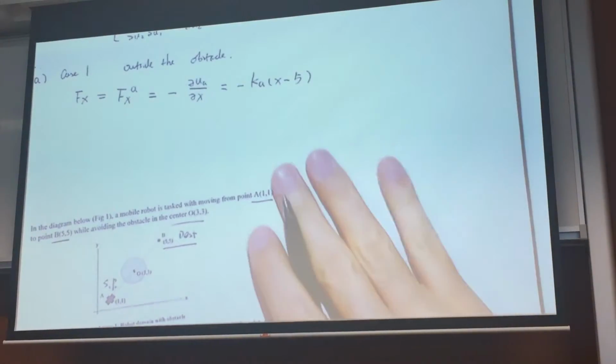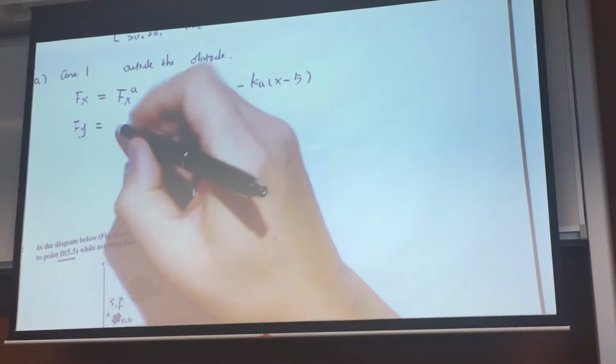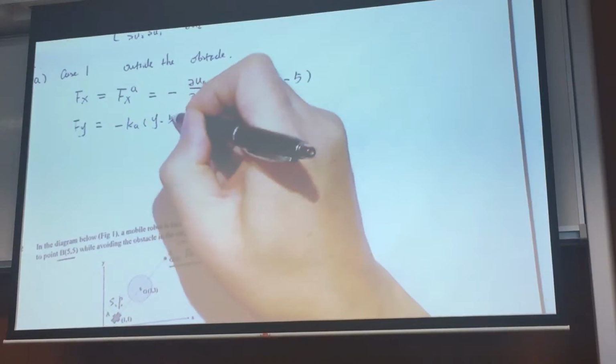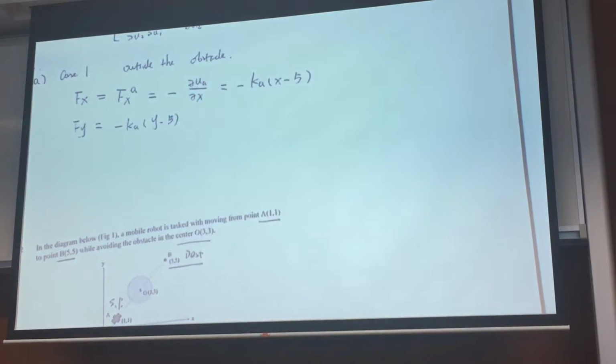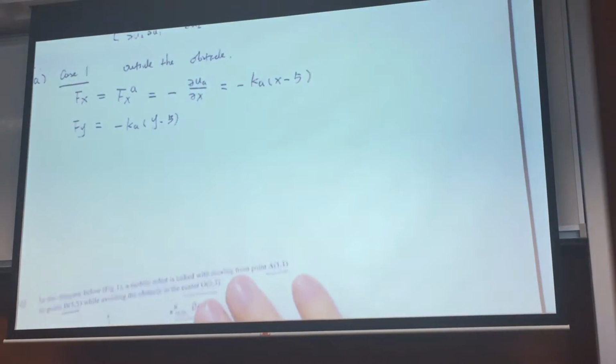This part is very simple. Also for the Fy, you just do the same thing. You will get minus Ka times y minus 5. So this is the first scenario.